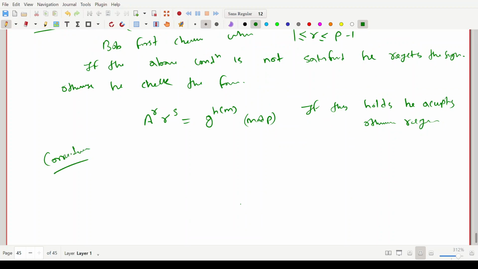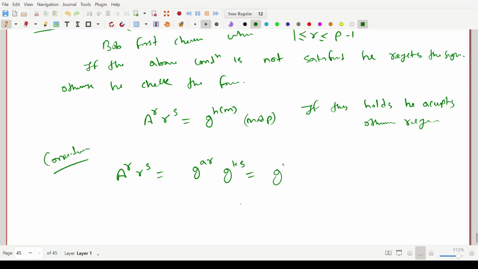Correctness: see, what is A raised to R and R raised to S? A is G raised to a, so it will be g raised to aR. And what is the value of R? It is g raised to k. So it is g raised to kS, but now we know the value of S also.